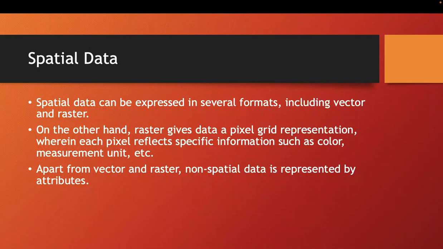Apart from vector and raster, non spatial data is represented by attributes. It refers to add on information to spatial data, for example images, maps, or additional information that adds value to the spatial data of the object under consideration.